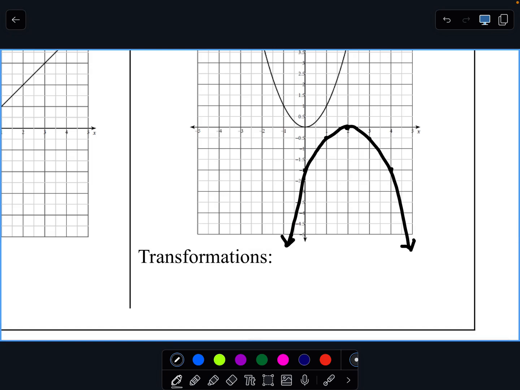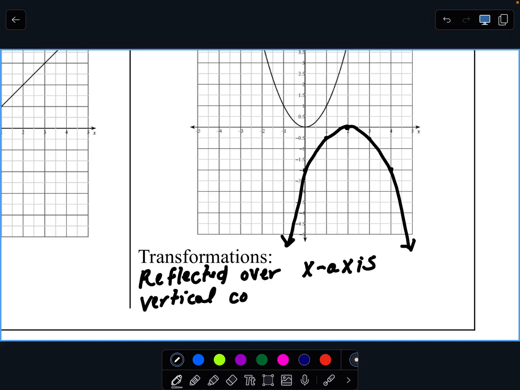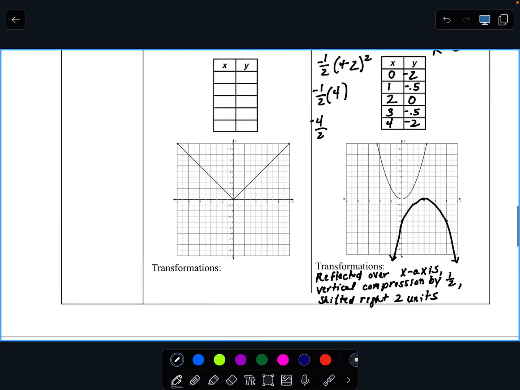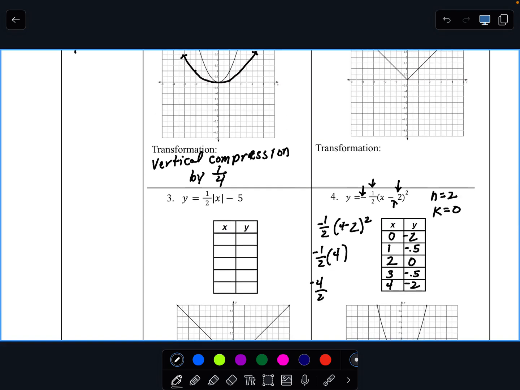So my transformations were reflected over the x-axis, vertical compression by 1/2, and shift two units. Okay, there we go. So you try these last two, and if you have any issues, please come and see me.